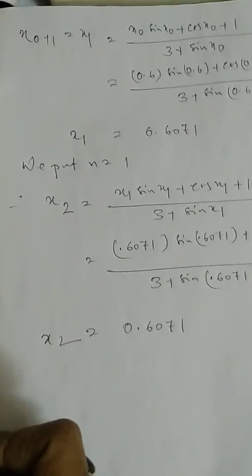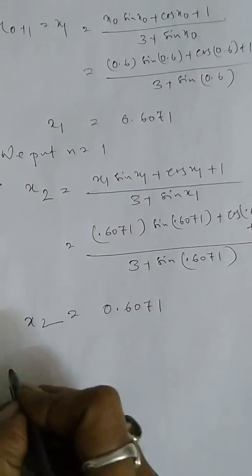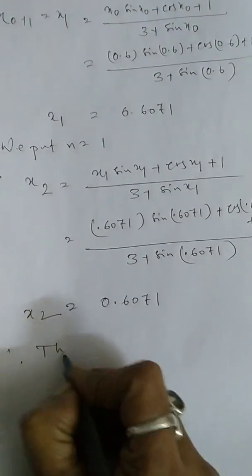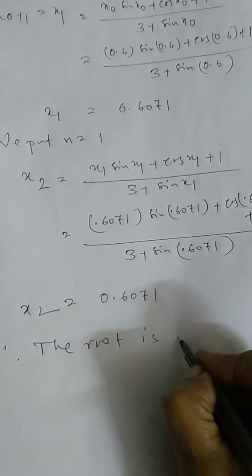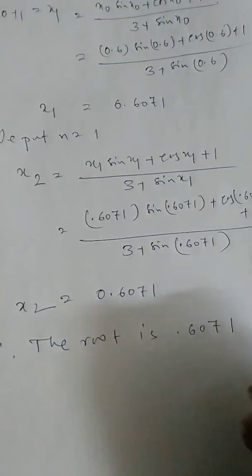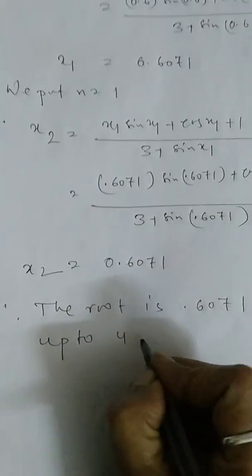So we can say up to 4 decimals, the root is 0.6071.